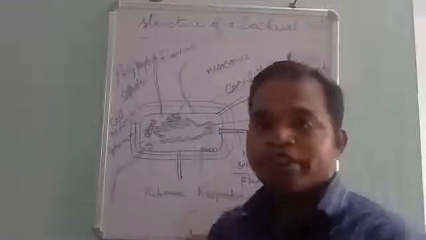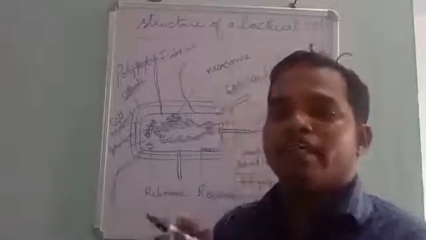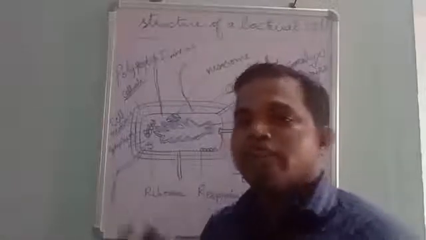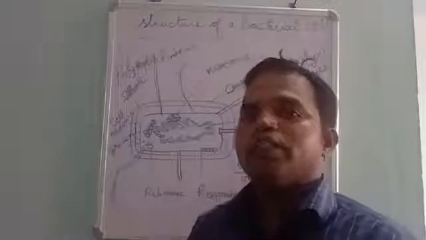The gram-positive cell wall is very thick and gives a positive response to the staining process.